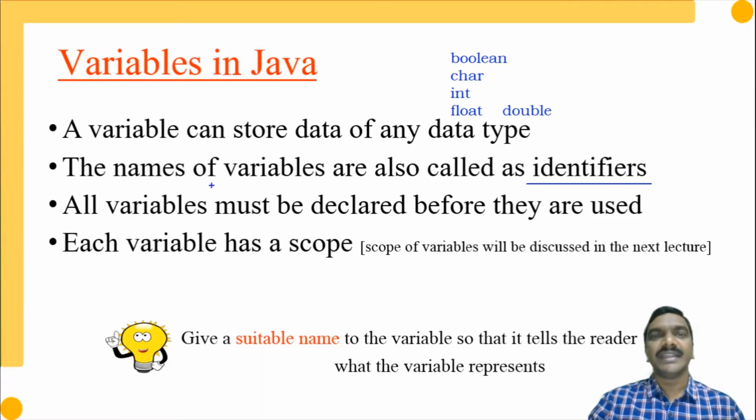When we give any name to a variable or class or method or interface, they are generally called identifiers. So names of variables are also called identifiers. Then each and every variable must be declared before they are used. Yes, it is important. If you want to store some data in memory, you should declare a variable before you use it.